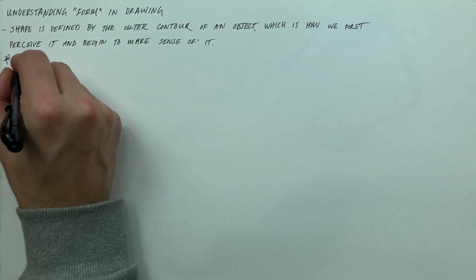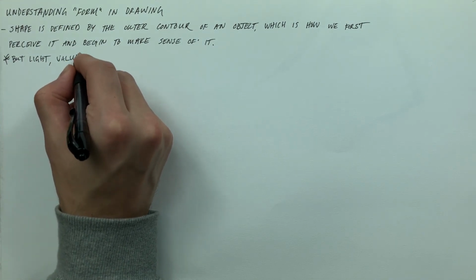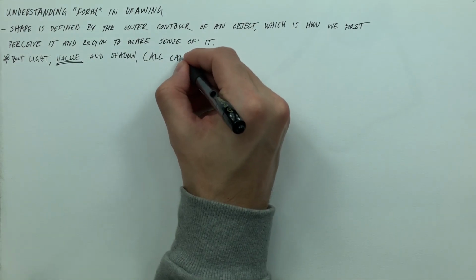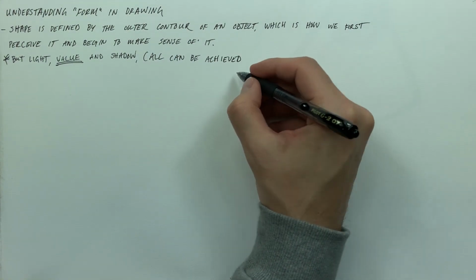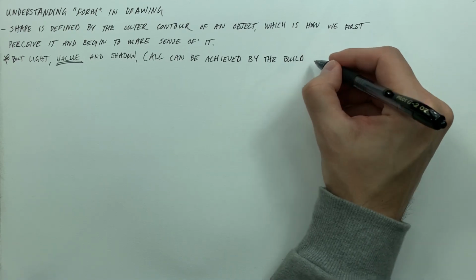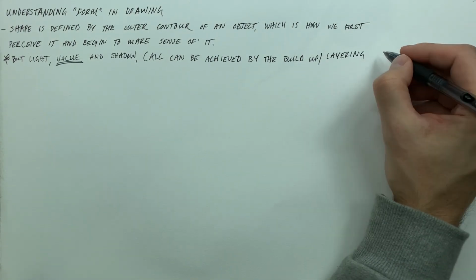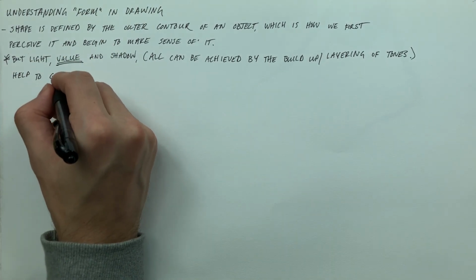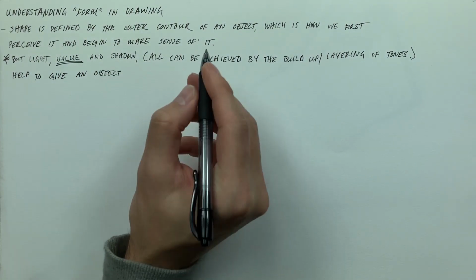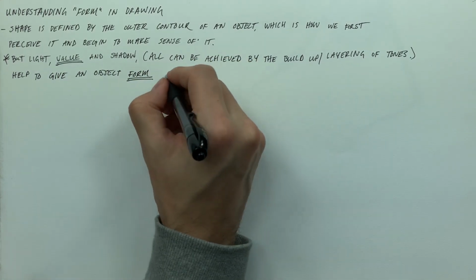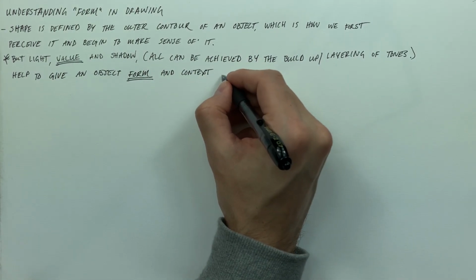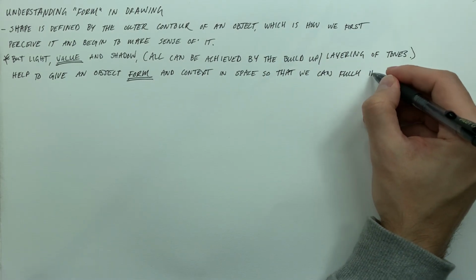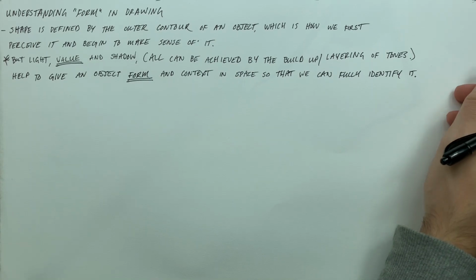Now, it's important to understand that light, value, you've heard me say that a couple times, and shadow, all of which can be achieved by the buildup and successful layering of your tones, will help to give an object that sense of form and context in space so that your viewer can fully comprehend and identify your drawing.